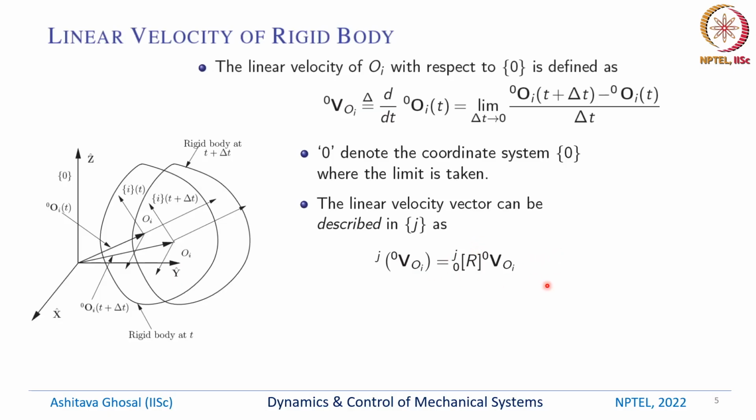Again, if you go back and remember what we did with rotation matrices, if you multiply these two, basically we transform it to another coordinate system, which in this case is the j coordinate system.